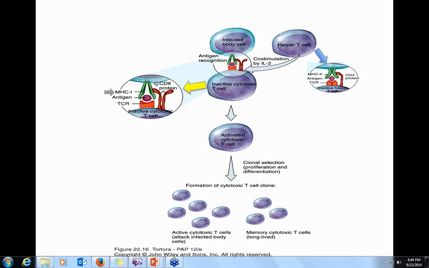So the CD8 protein needs the MHC1. And over here, you have CD4, and you have the MHC2 protein. So 2 times 4 is 8. So the T helper cells need the MHC2 complex to present the antigen fragment.